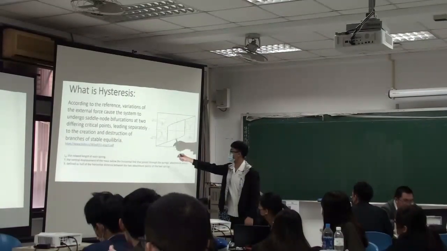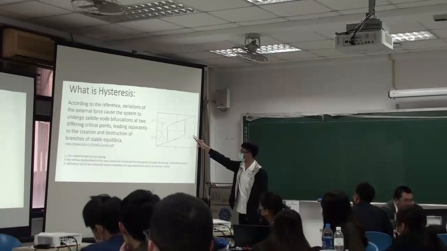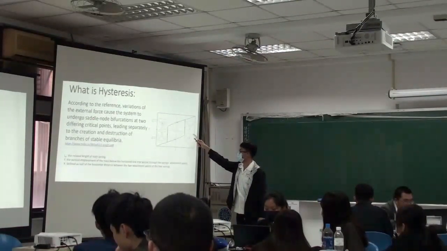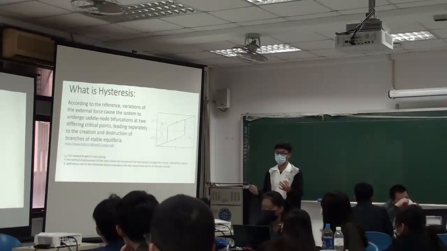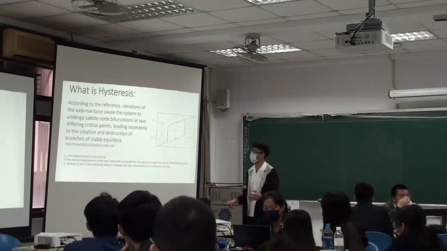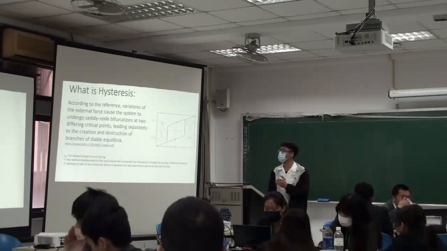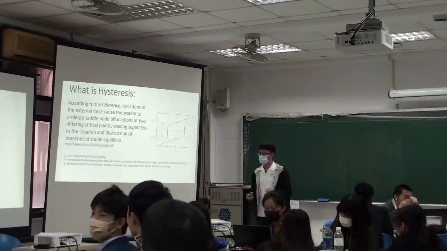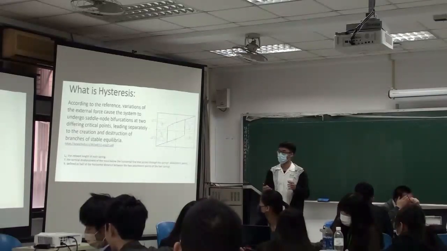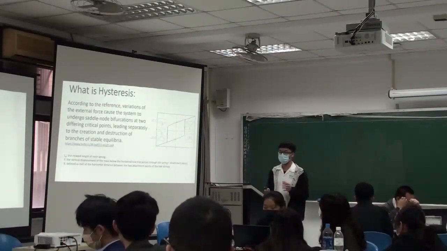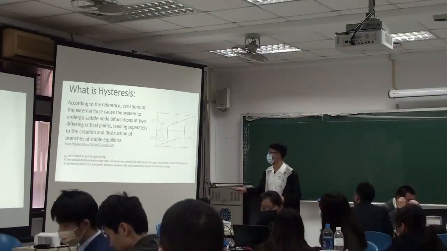When our extra force pulls the object down and is equal to F2, a saddle-node bifurcation happens. We define this as the whole system's parameter changing, and an unstable equilibrium appears in this system. So we find this point happens at F2.